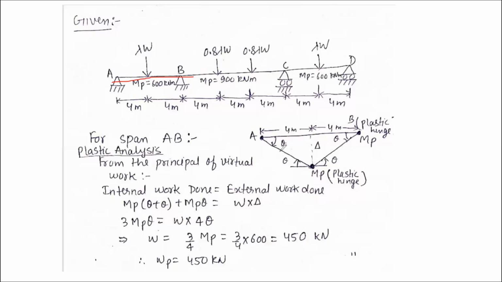So saan nanggaling yung mga value natin dito? So sa delta plus delta ito. Kaya may 3 delta tayo. Itong part na to, ito at saka yung nandito. Ayan. So yung 4 nanggaling dito sa distance na 4 meter natin.